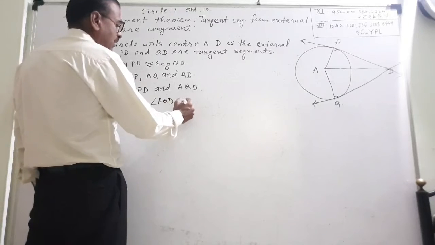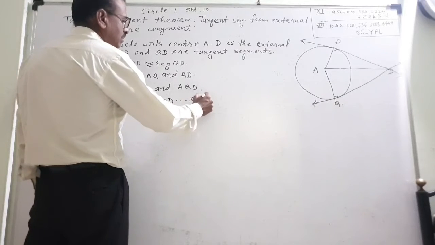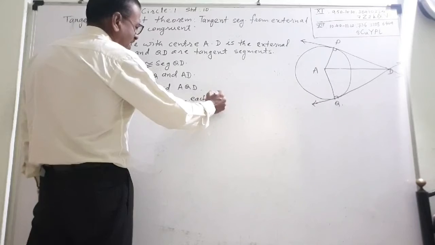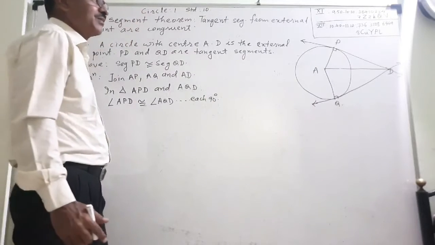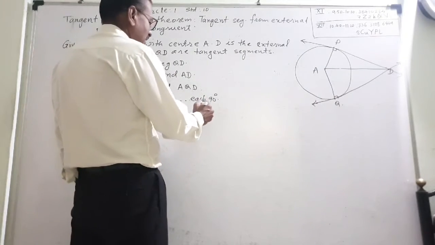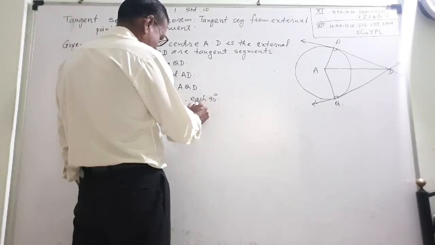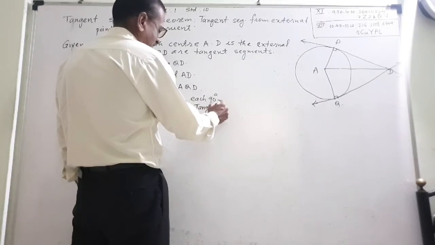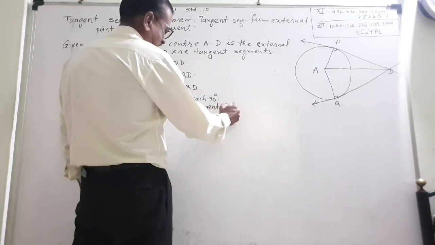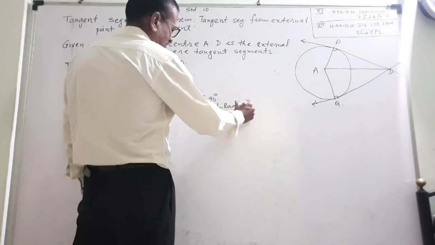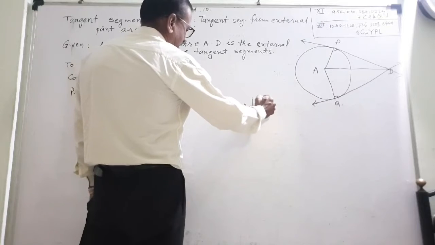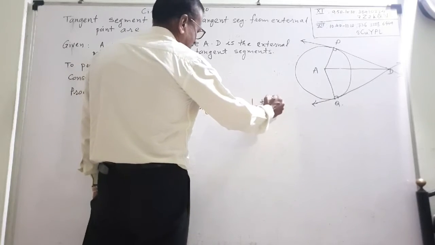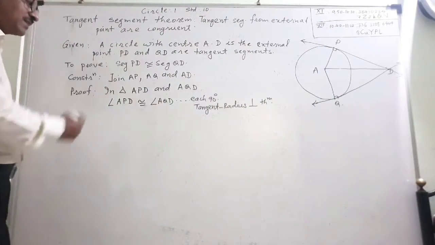Reason: each is 90 degrees. And why is each 90 degrees? Because of the tangent radius perpendicularity theorem. That's why this is 90 degrees.